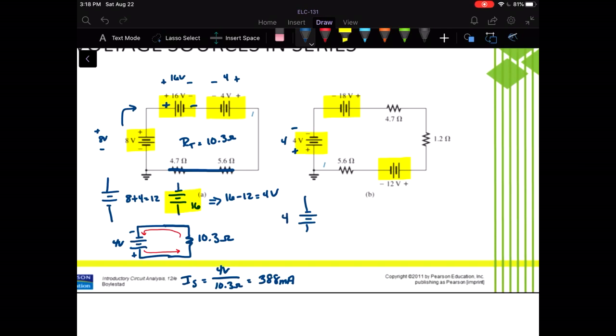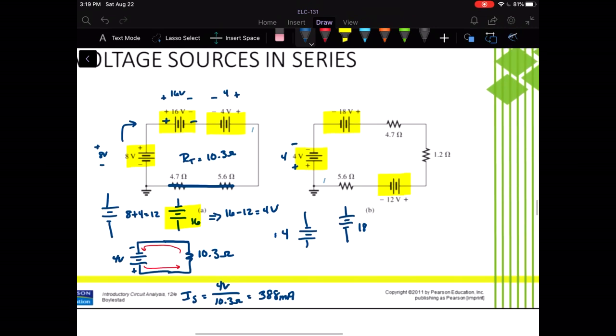The 18-volt source is in the opposite direction, so I'll draw that over here. And the 12-volt is in the same direction as the 4, because it's also going plus to minus in this clockwise direction.